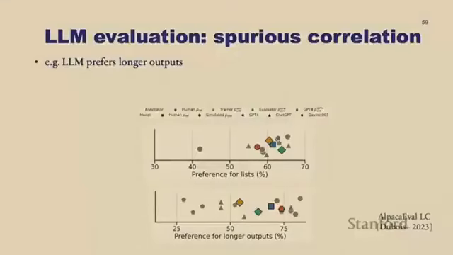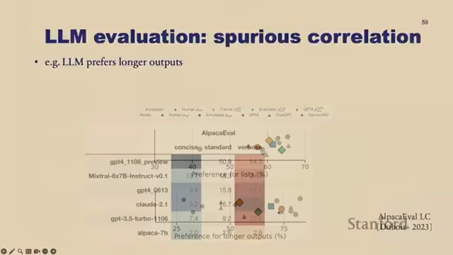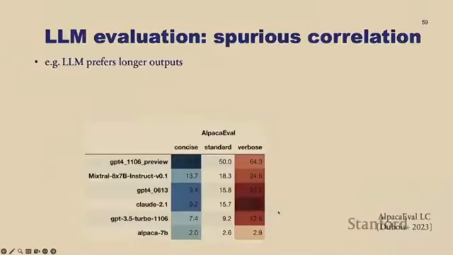Here we see the preference, showing that humans and models prefer longer outputs. And here is another view of the initial AlpacaEval benchmark when we rank GPT-4. When we look at the win rate of GPT-4 versus GPT-4 itself, the standard GPT-4 gets 50% by definition.